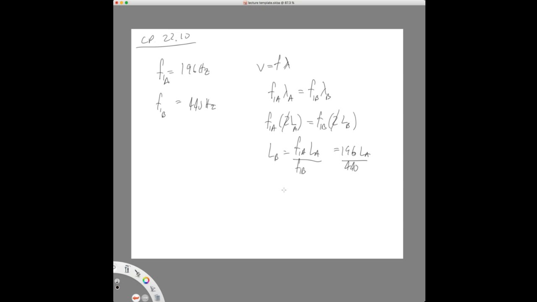And that is 0.445 times length A. So basically we have to cut the string a little bit more than in half by this certain ratio. If any of you are into music at all, it would be very interesting to actually measure the violin and see how much the pitch is off if you're off by a millimeter.